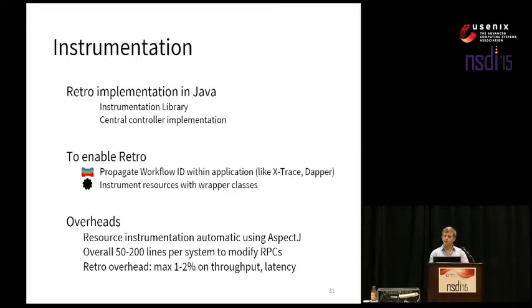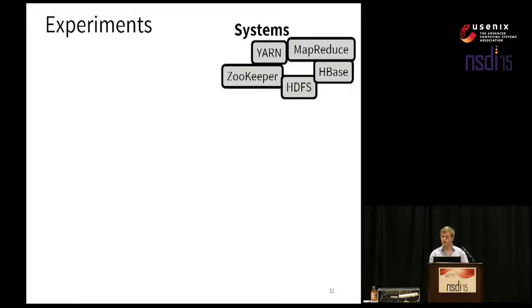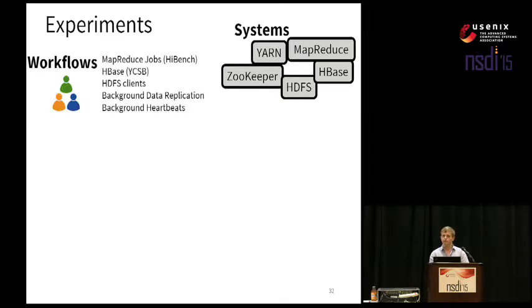We ran experiments on 5 open source systems, and we ran a variety of workflows, including benchmark suites and simple workload generators, and we instrumented several background tasks in these systems. Many workflows, such as MapReduce jobs, traverse several systems during their execution and require this coordinated management.